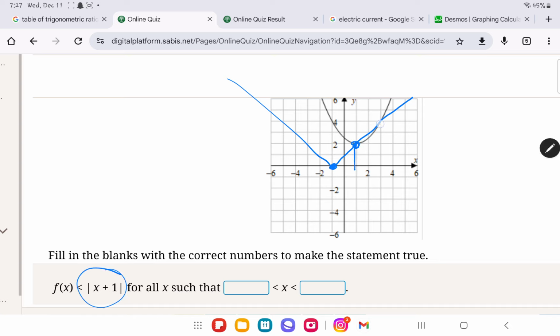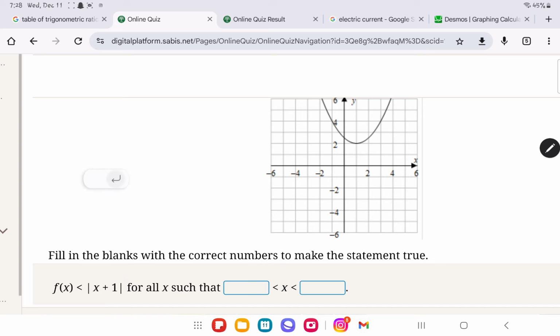You see, at 2 points, you can see that the absolute value of x plus 1 starts increasing more than this function over here. And these 2 points are 1 and 3. So that means x, if you want to read it like this, x has to be greater than 1 and x has to be less than 3.